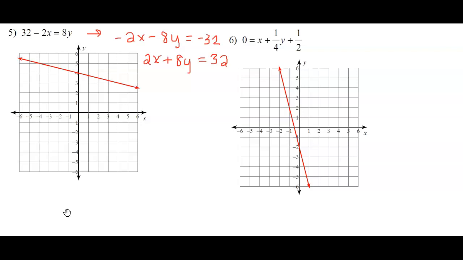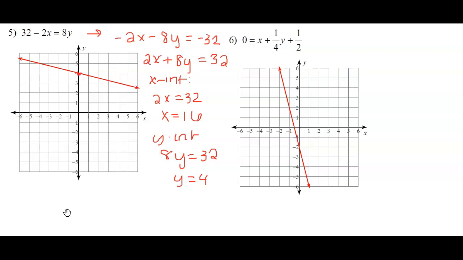And again, if you found your x-intercept, that would be 2x equals 32, or x equals 16. And the y-intercept would be when x is equal to 0, so it's 8y equals 32, or y equals 4, which again we can see right here as our plotted point.